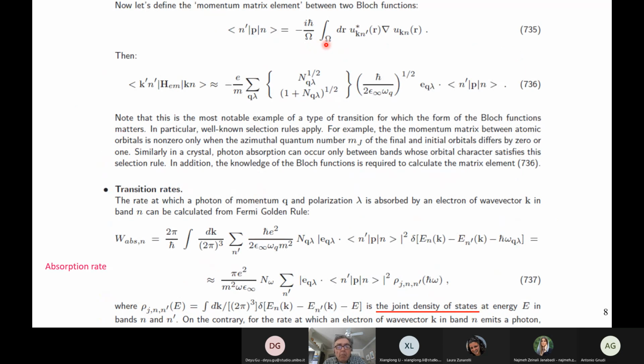So as I already pre-announced, this is actually a momentum matrix element, except for a few constants that I put in place here. So just the normalization volume, the volume of the integration over the volume of the unit cell of the momentum matrix element over the Bloch functions. And this is how we can simplify the expression. Notice here that this momentum matrix element is quite important.